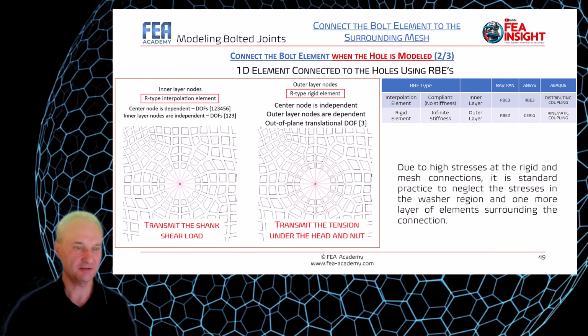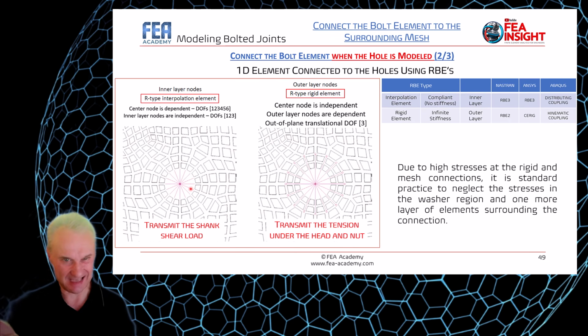First, here is the technique we use in order to connect. Here you see the shell elements, let's say the plates viewed from the top, and here in the middle is the node where the 1D beam element or 1D spring element arrives. First, you have to connect the beam element or the 1D spring element using an interpolation element, which is a multi-point constraint element, an MPC element, and it is an RBE3-type interpolation element.